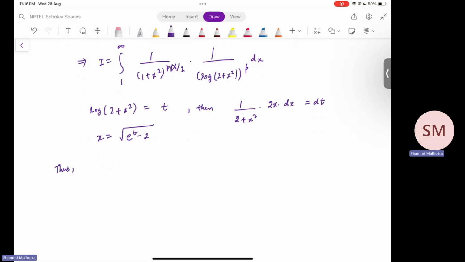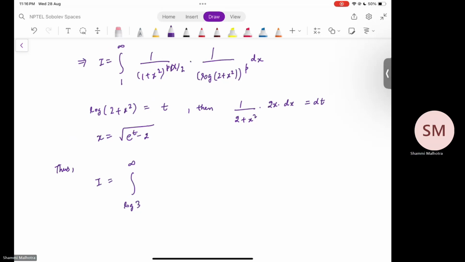So our I1 is nothing but the integral from log 3 to infinity. And what is this?